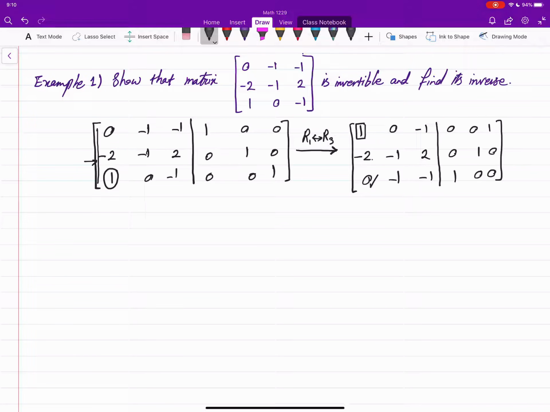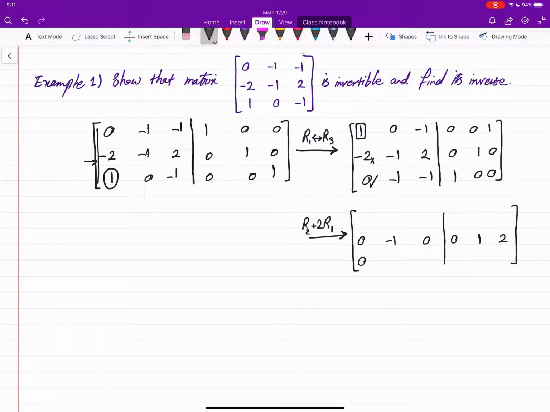This one is already 0, so we have to make this 0 by multiplying negative of that entry, which is plus 2, by row 1, the row with the leading entry, and adding it to row 2. So row 2 becomes 0, negative 1, 0, and on the right hand side, we get 0, 1, and 2.